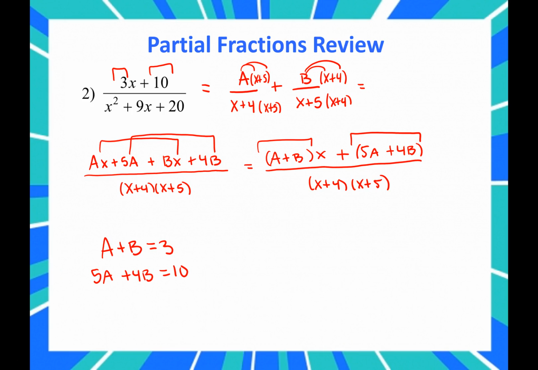I'd probably multiply the top equation by -5. So that's going to give me -5a minus 5b equals -15. And then just rewrite this equation here as 5a plus 4b equals 10. So this will cancel, and then we're left with -b is equal to -5, and then multiply by -1 on both sides, b equals 5.